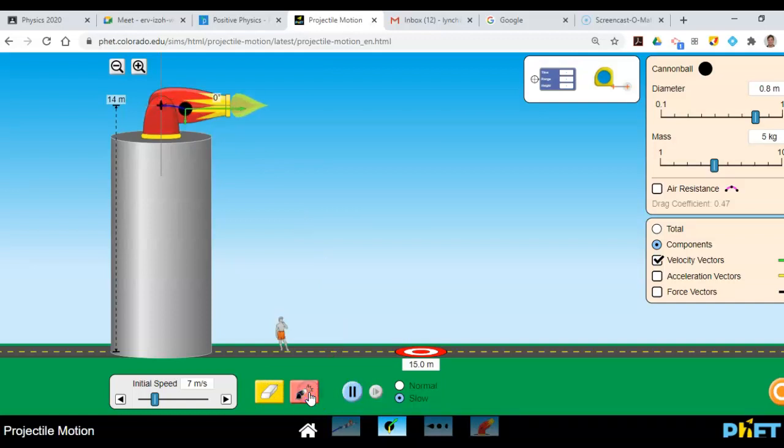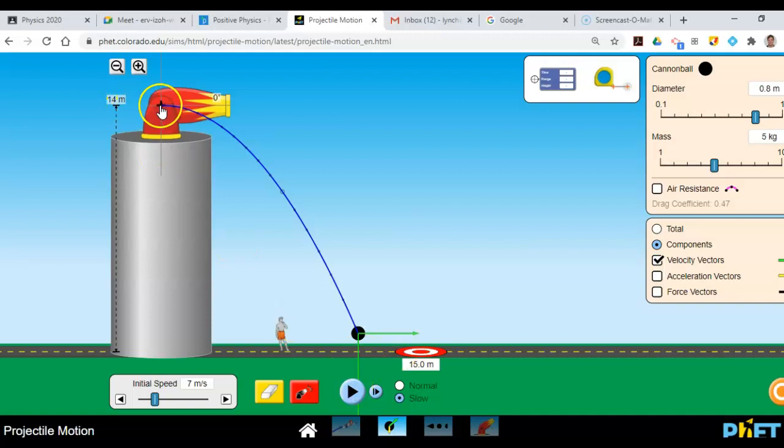Here we have a sideways velocity of a certain size. And if we look at that, the whole time in the air, this sideways velocity doesn't get any larger or any smaller. The horizontal velocity stays constant. Okay, so the vertical velocity changes due to gravity. The horizontal velocity, the whole time it's in the air, does not change at all. Okay, so that's the basic idea of free fall.